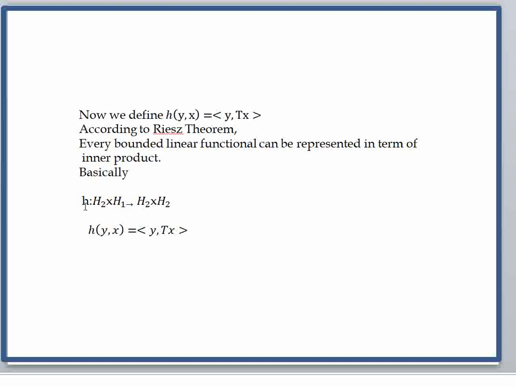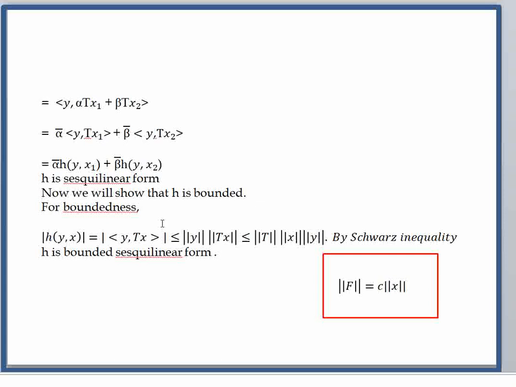Here basically the mapping h is from H2 cross H1 to H2 cross H2, because y is an element of H2, x is an element of H1, and in the inner product y is an element of H2 and Tx is an element of H2. Here the inner product is sesquilinear and T is linear.